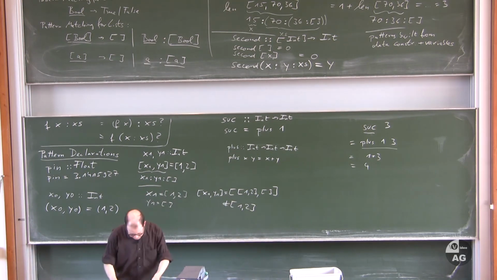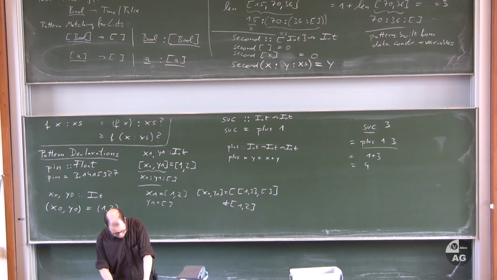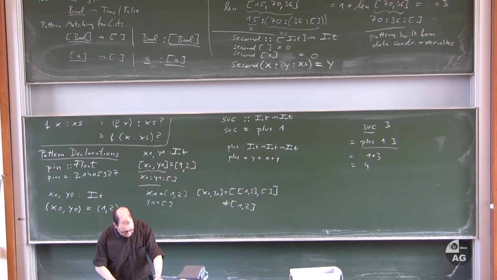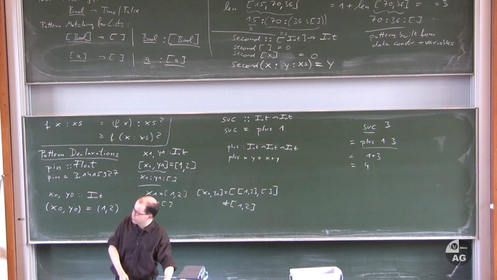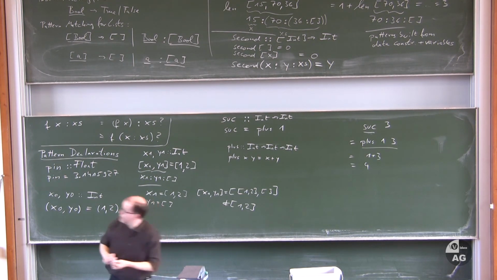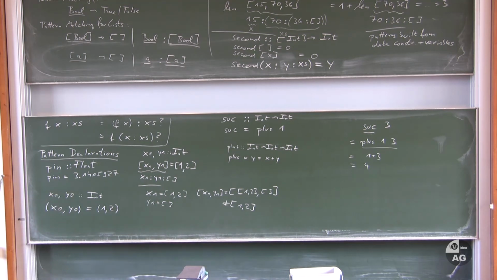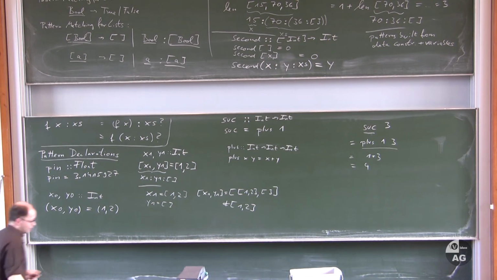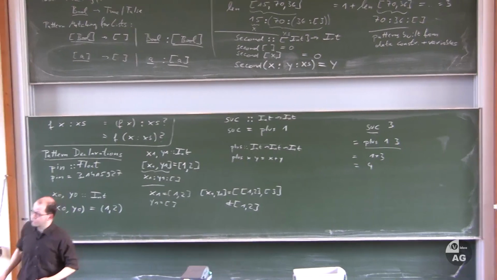So to extend this to pattern declarations, we have to introduce another possibility. In addition to function declarations, now we also allow pattern declarations, so pat decl. And what is a pattern declaration?